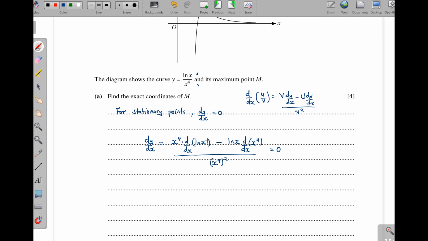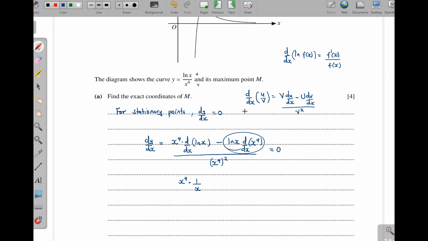And then when you differentiate the natural log of a function, you differentiate that function, then you divide by that same function. You see? So here we are differentiating x, and then we are getting a 1. Then we divide by that same x.